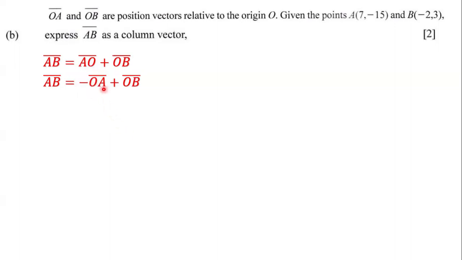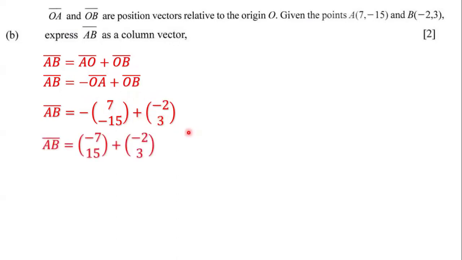We know OA is (7, -15). Don't forget the negative sign, because we switched the letters. We figured that out in the previous question. And then we have OB, which is (-2, 3).